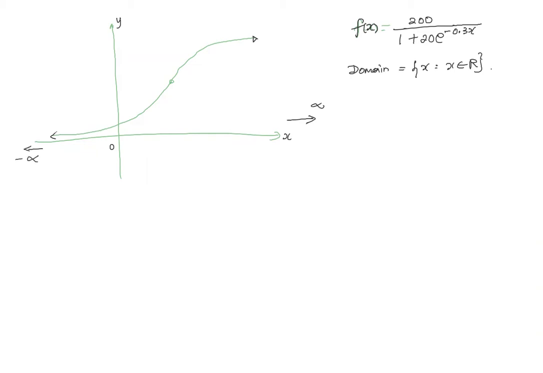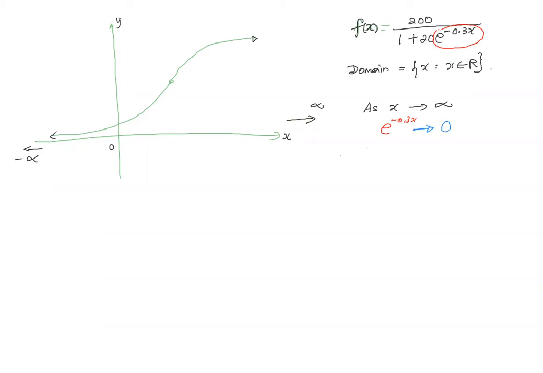Remember, I taught you how to do as x approaches infinity. The term that involves x is this term, correct? So you ask yourself, what happens to e to the power of negative 0.3x? It approaches 0. Okay, thank you.